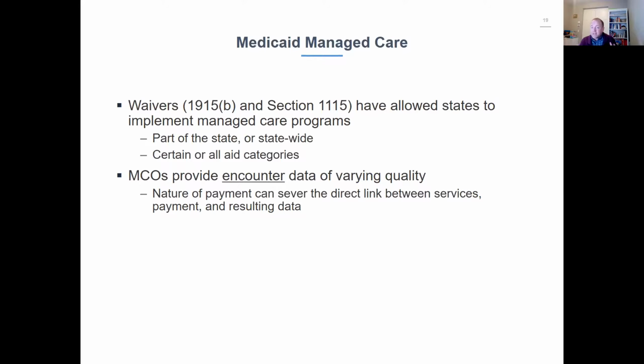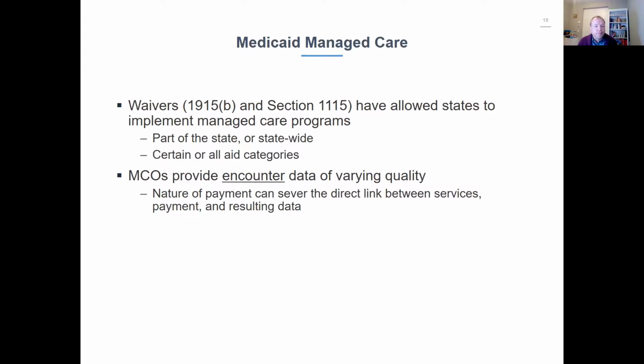We don't necessarily know how much of that is really translating into good quality data. There are some resources that we'll talk about later that help you comb through where the variations in that data quality might be. But just note that managed care results in encounter data, records that are just different in nature from fee-for-service claims.